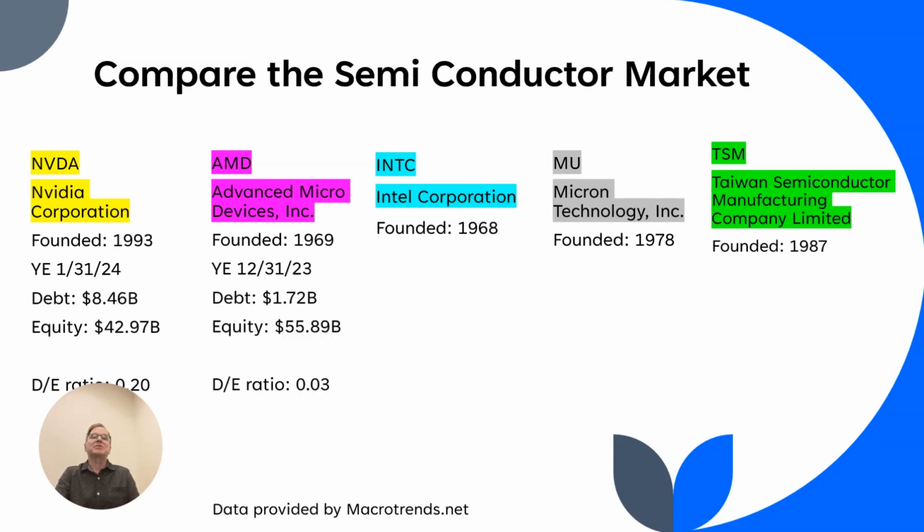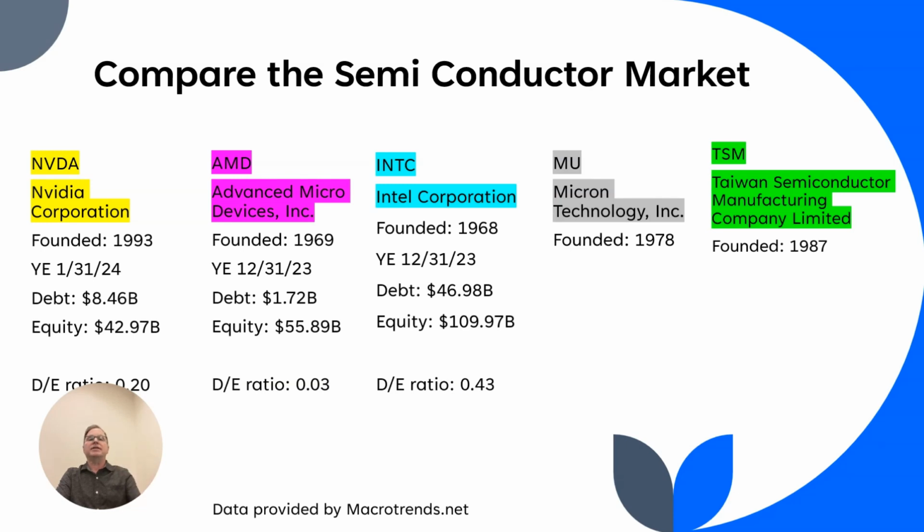Let's see how it compares. AMD, which again has been around a lot longer, December 31st, they had 1.7 billion in debt, 55 billion in equity, so a 0.3. So really very little debt in AMD. Intel, 46 billion in debt, 109 billion in equity, 0.43.